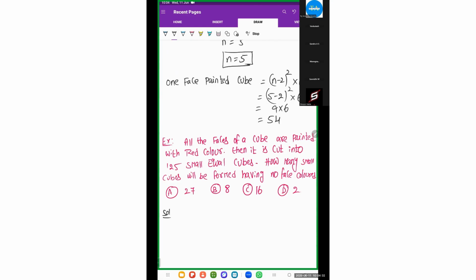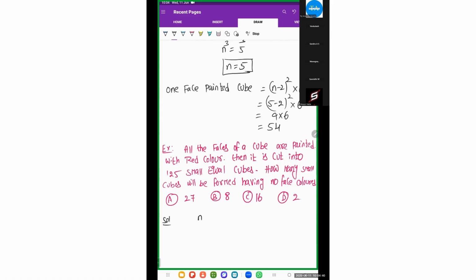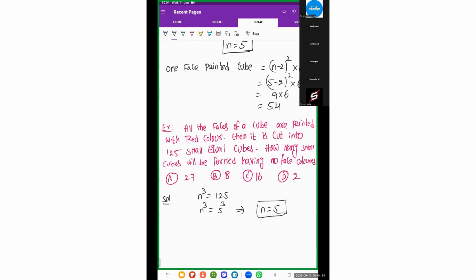Okay, very good. As you know, the number of smaller cubes: n cube is equal to 125, which is given. N cube equals 5 cube, so n is equal to 5. What is the formula for no face painted?